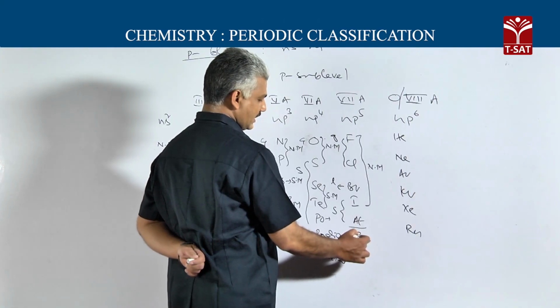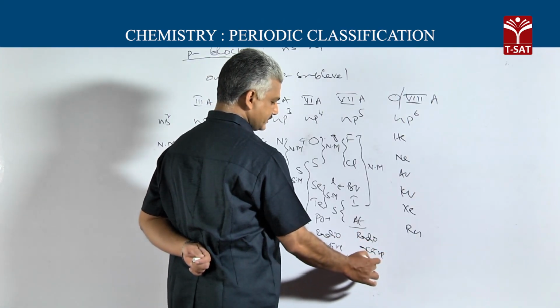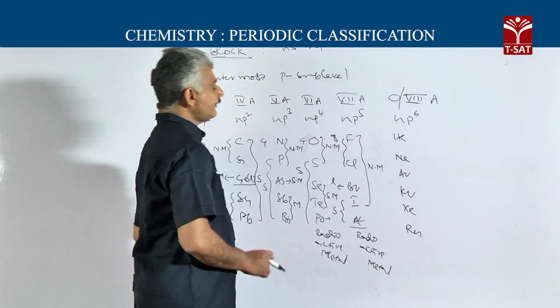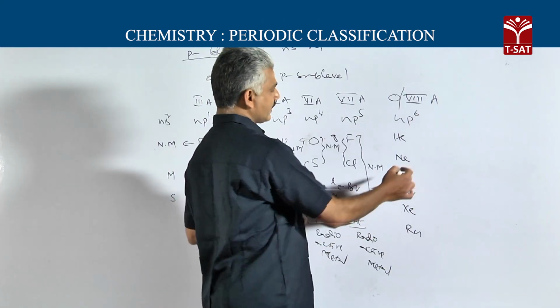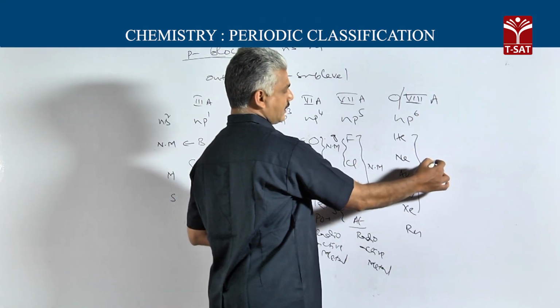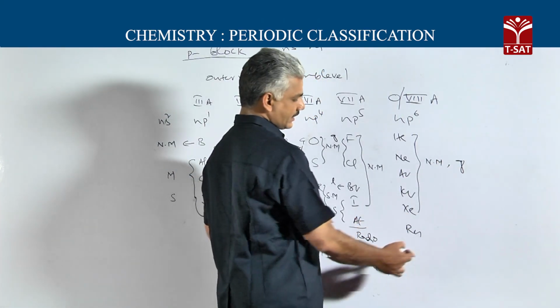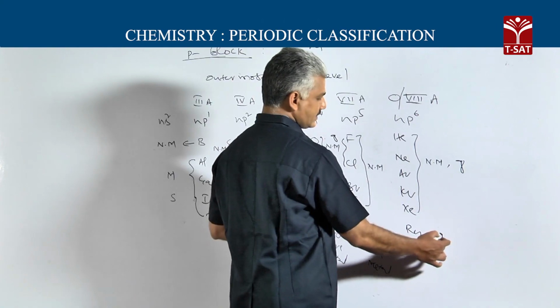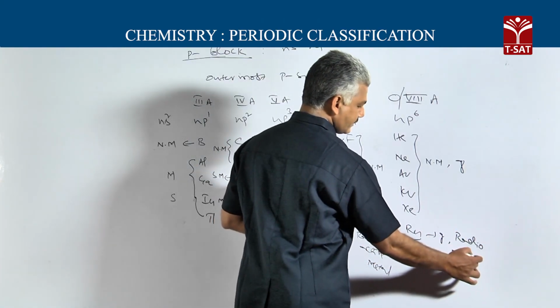Astatine is again a radioactive metal. In the 0 group, helium to xenon are non-metals and exist in the form of gases. Radon is also a gas, but it is a radioactive metal.